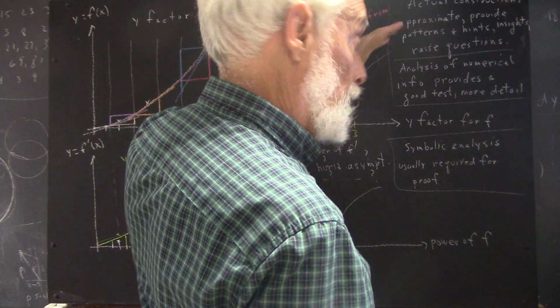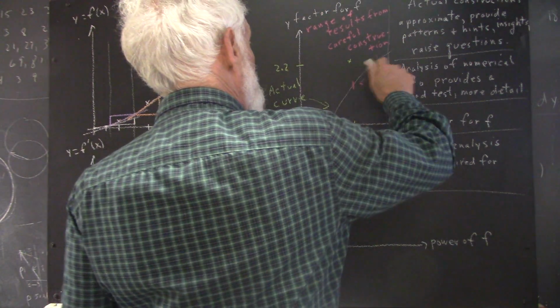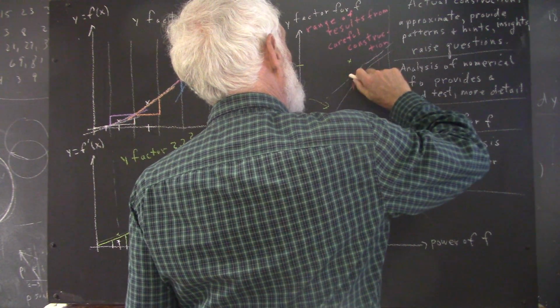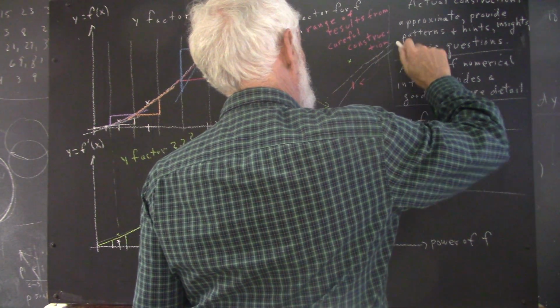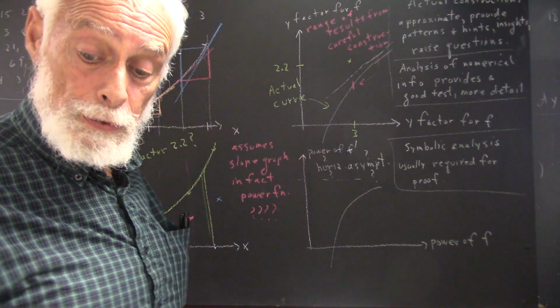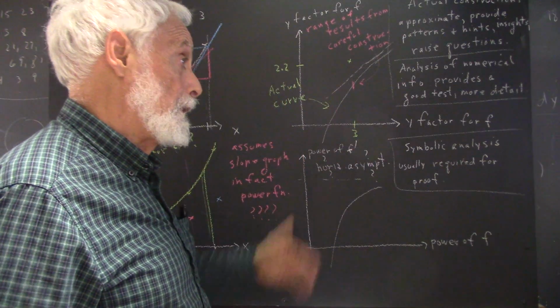Does this one have a horizontal asymptote? It might be out there a little further. Or does it perhaps have an asymptote that looks like this? Does it keep approaching some sloped line more and more closely as an asymptote? Interesting questions and good exercises to answer.